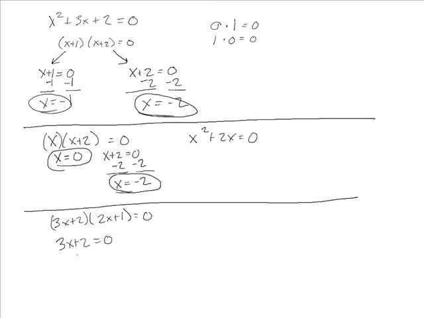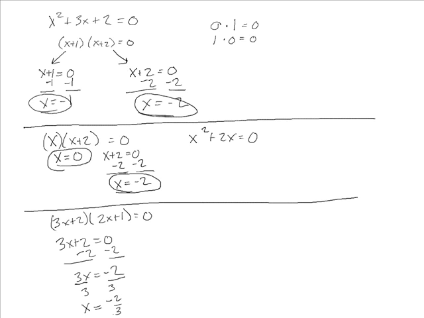So let's subtract 2 from each side. That leaves me with 3x equals negative 2. Now you may be tempted to stop here, but we're not quite done yet. x doesn't equal negative 2; 3x does. So to get x by itself, I divide both sides by 3. That leaves me with x equals negative 2/3.